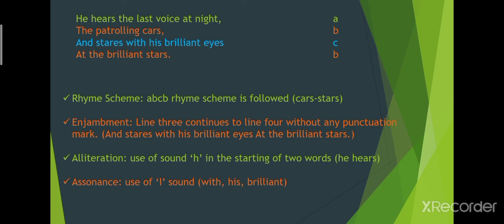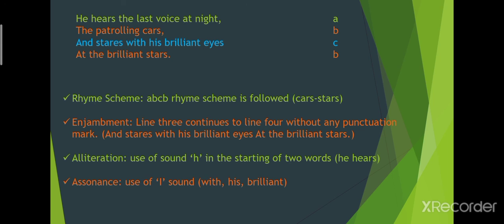Because the sound is changing. It's very simple. These two words should start with the same letter and same sound, and they should not be separated. He hears, H, and the sound is also the same. So here any kind of words should follow each other. The beginning letter should be the same. Then we call it alliteration.